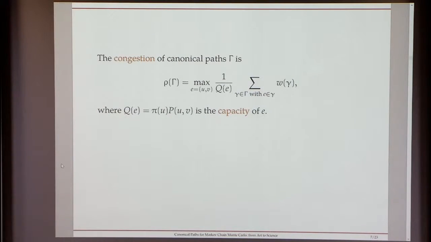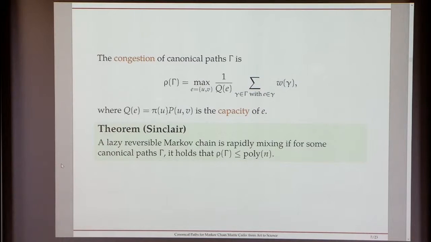Each edge in the configuration graph is a pair of matchings, and we consider the summation of the weights of all the paths crossing this edge, over the capacity of the edge. This is defined as the congestion of this edge, and the congestion of a canonical path is the maximal congestion over all the edges.